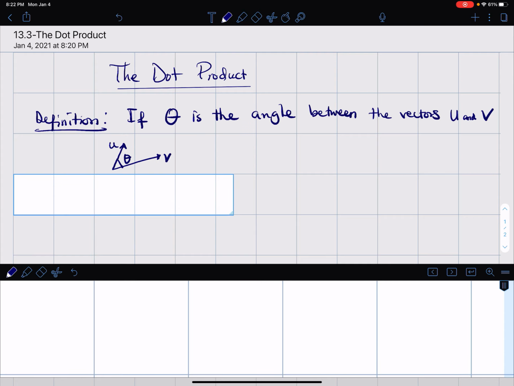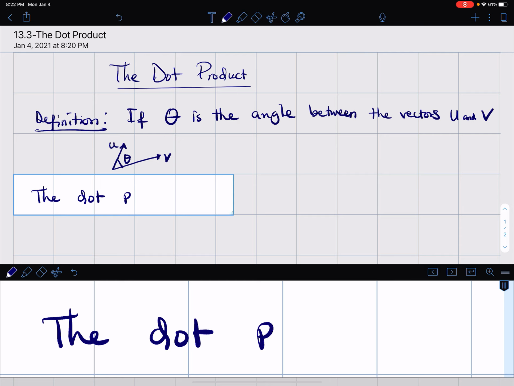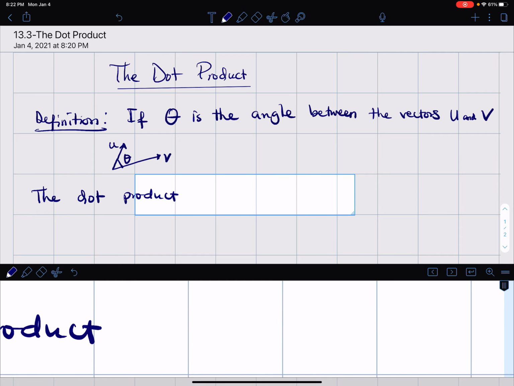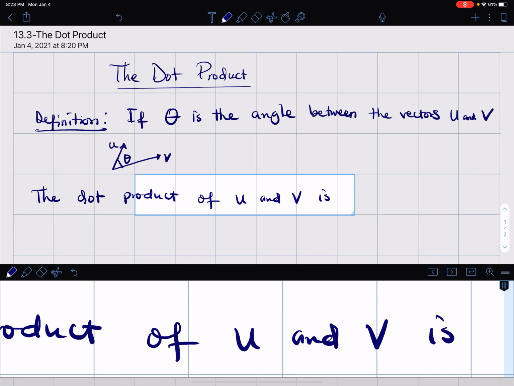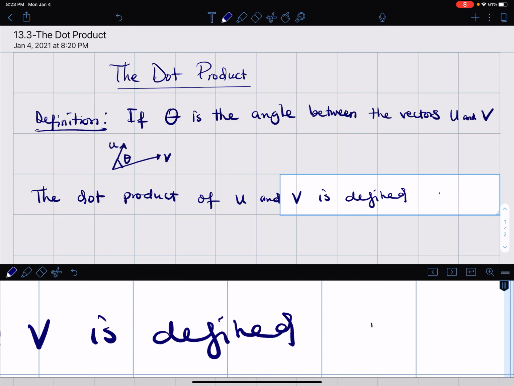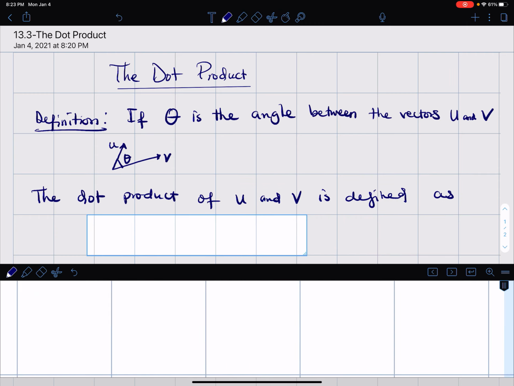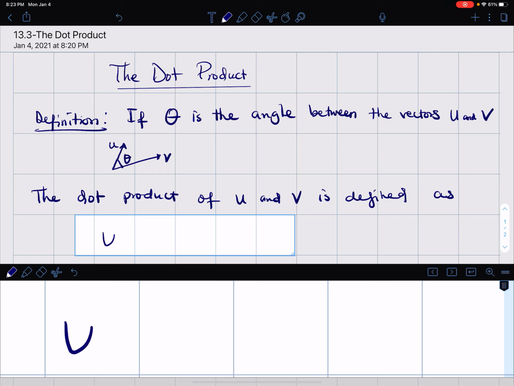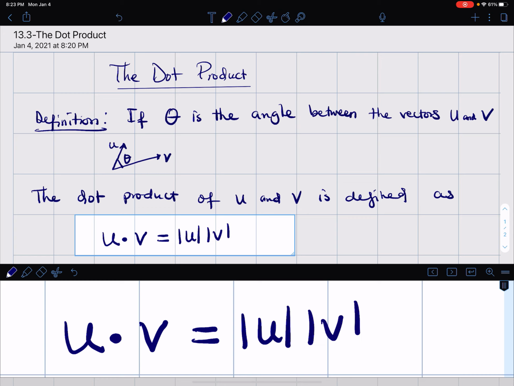Okay, if this is the case, then the dot product of u and v is defined as u dot v, and is the magnitude of u times the magnitude of v times cosine theta.